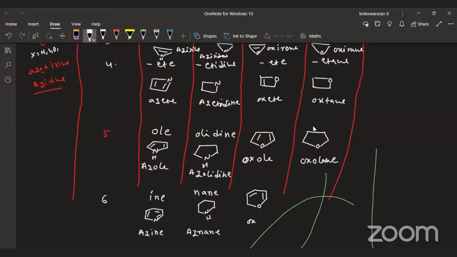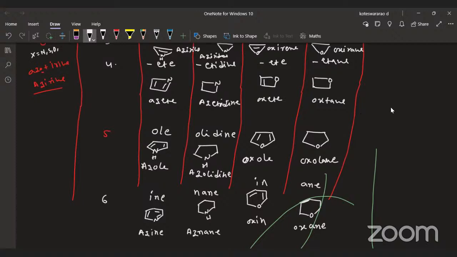What is the stem word? ine, I-N-E. Oxine. If it is the saturated one, you take a fully saturated, it is named as oxane.